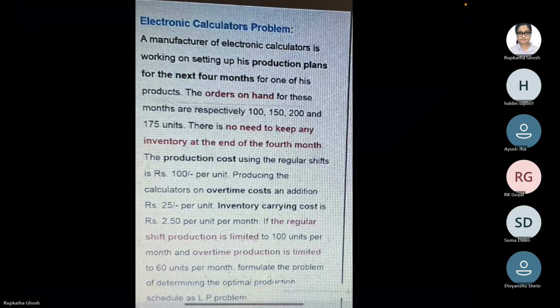I'll give 2 minutes. I won't solve this problem in this class. I'll solve it in the next class, but I just want you to take a snapshot of it, and I will tell you how to solve it as well. I will tell you the verbal formulation of this problem and then you try solving it.